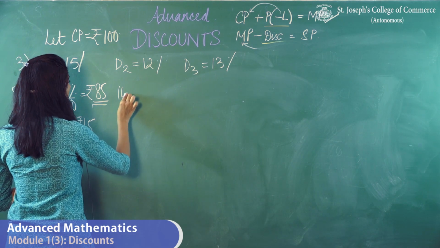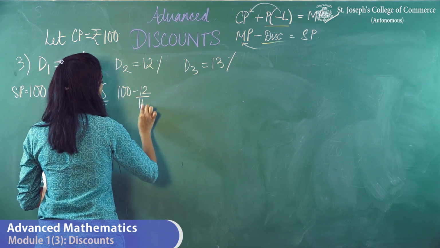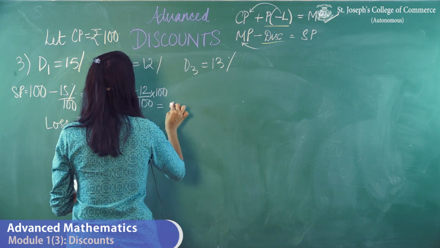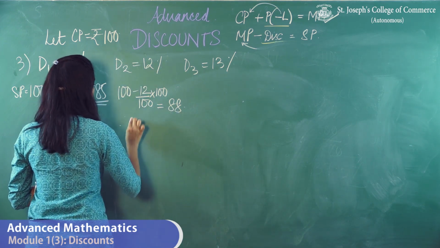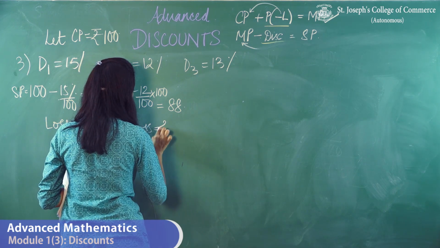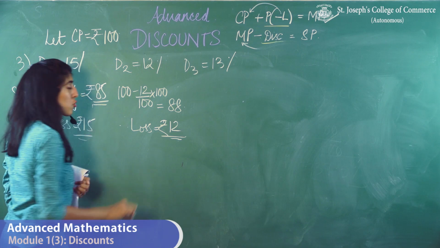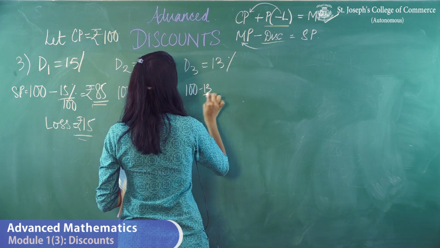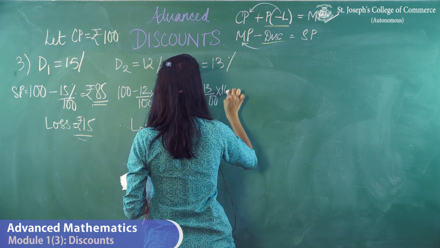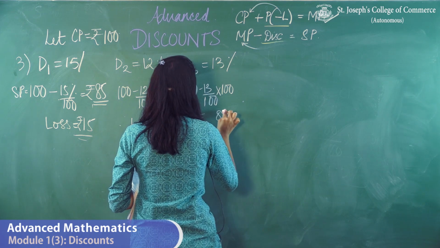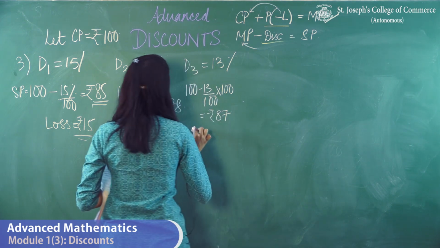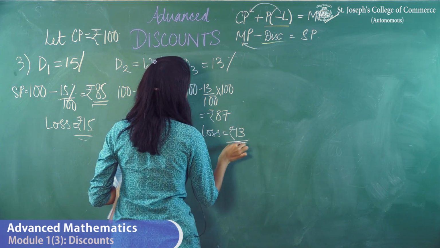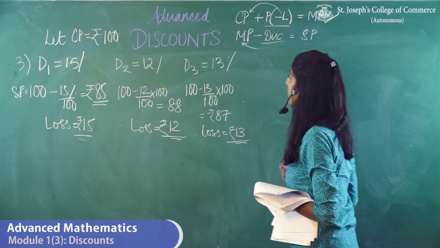In this case, 100 minus 12% of 100 will give me 88. Therefore, the loss is 12 rupees. In the other case, you get 100 minus 13 divided by 100 into 100, which is equal to 87 rupees. Therefore, the loss is 13 rupees. These are the three scenarios.